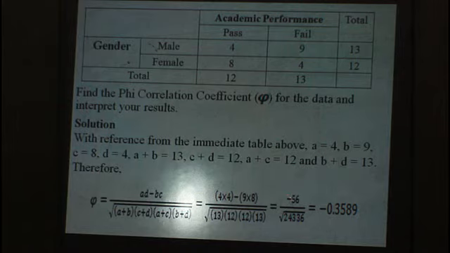You end up getting negative 56 divided by the square root of 24,336, which results in negative 0.3589.